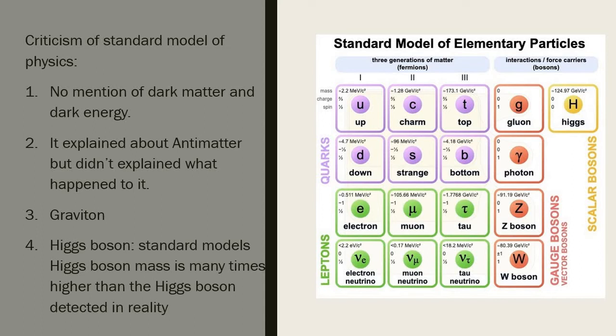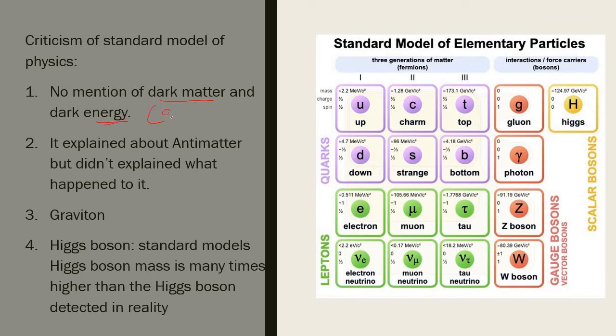So what are the criticisms of the standard model of physics? As we discussed earlier, till today almost all the events that have happened are explained by the standard model of physics, but there are other things which are not explained by it. One is dark matter and dark energy.